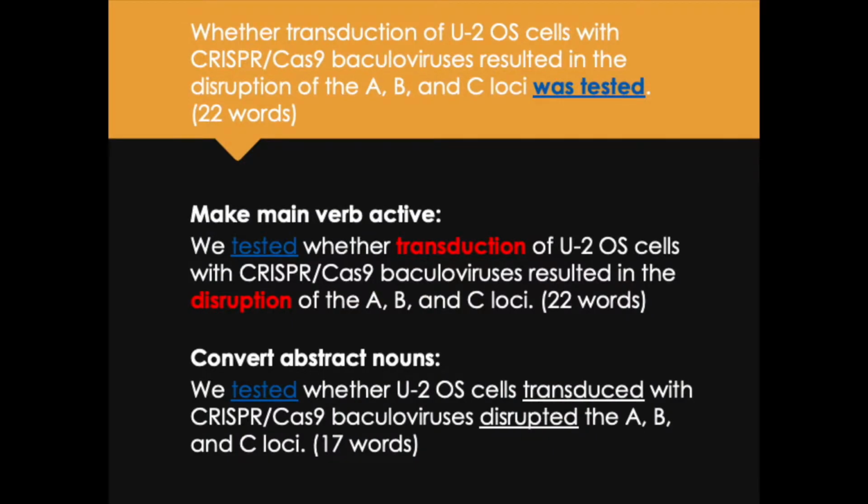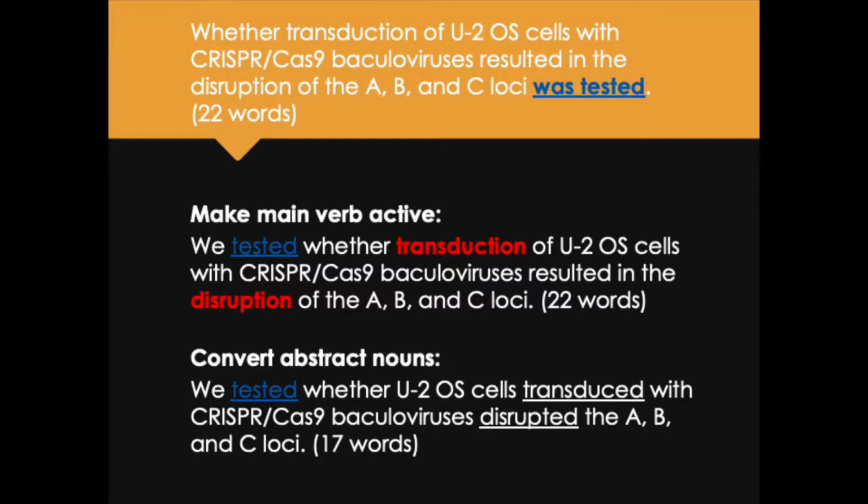When I do that, I notice that there's a couple of abstract nouns in this sentence, transduction and disruption. And so I convert these abstract nouns to concrete nouns. And it says, now, we tested whether U2OS cells transduced with CRISPR-Cas9 baculoviruses disrupted the ABC loci.